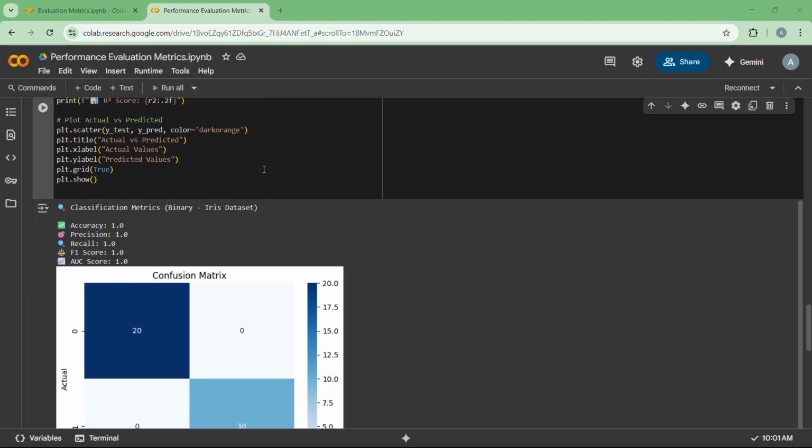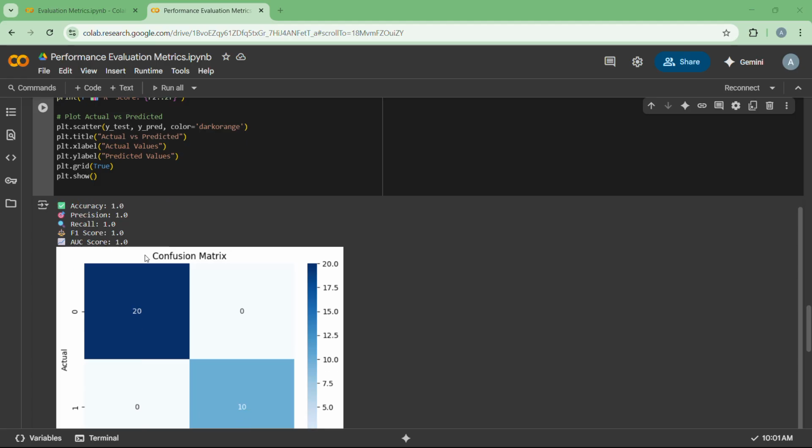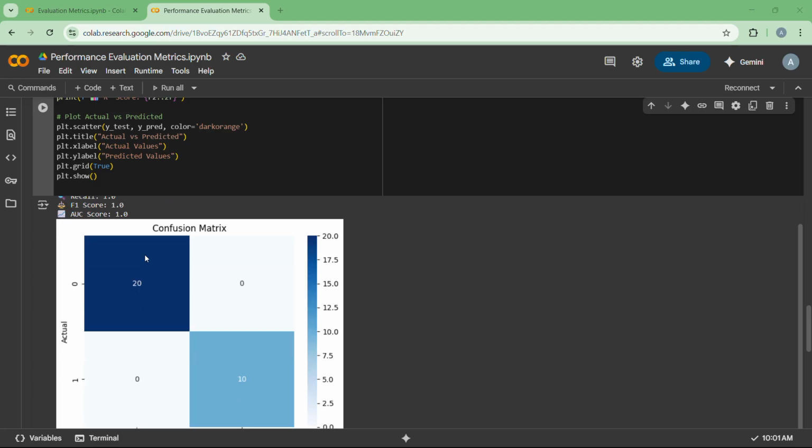So this is the output for the classification metrics. Accuracy is 1.0, precision is 1.0, recall is also 1.0, F1 score also 1.0, AUC score also 1.0. This means this model is perfect on the train, test and predicted values.